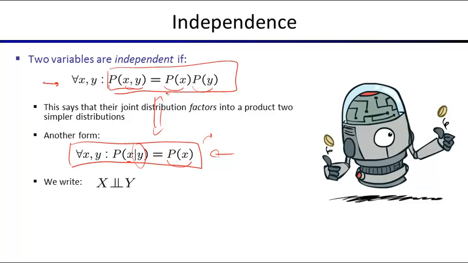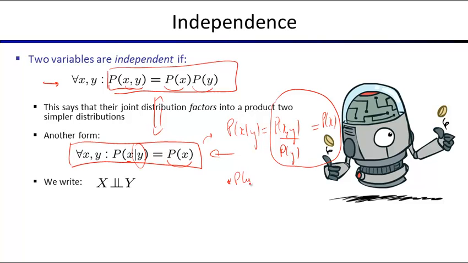You can just fill in the definition of conditional probability. P(x given y) is the same as P(x, y) divided by P(y). And we say that has to be equal to probability for x. Well, multiplying both sides with P(y) gives us P(x, y) equals P(x) times P(y).